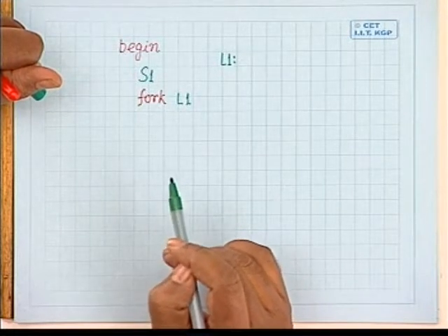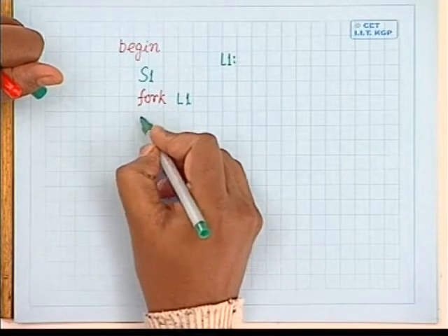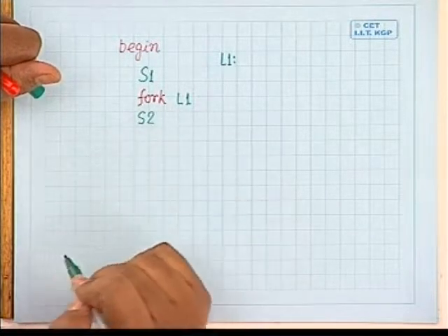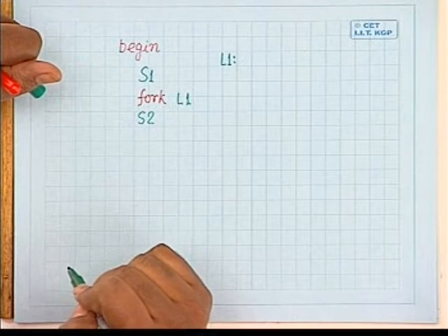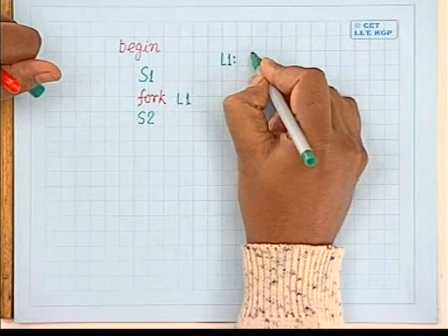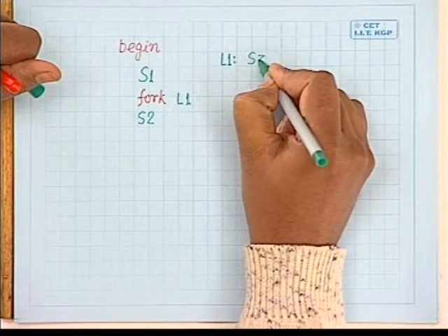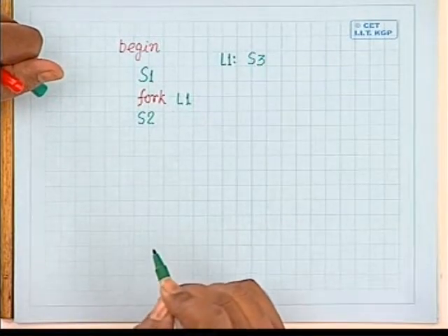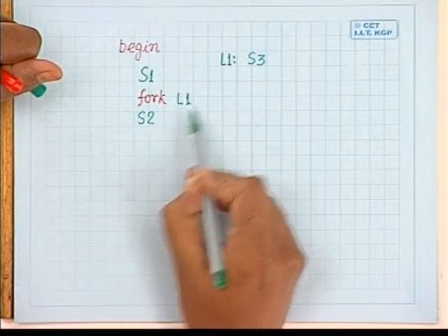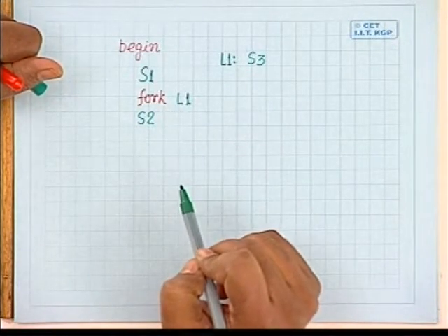So now one of the processes has to execute S2. Let us assume that this is the process which continues with execution of S2, and the other process has to continue with execution of statement S3. So I create two processes: one executes S2, the other executes S3.